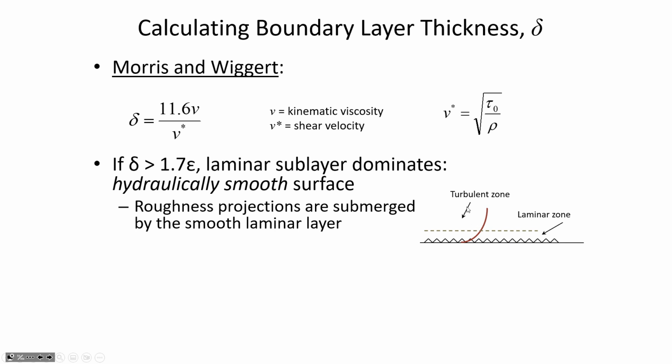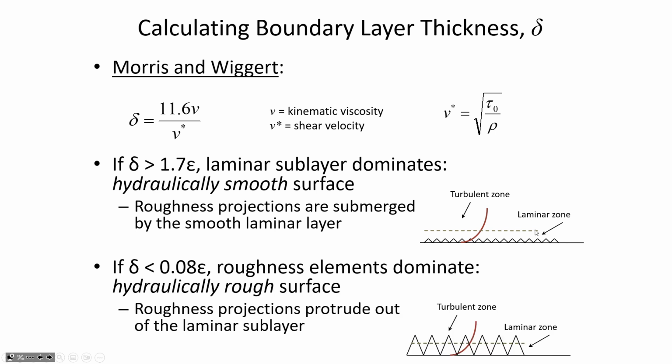And so there's a different effect on the flow if these little mountains are completely contained within the laminar sublayer than if these little mountains, and of course you know they're not actually mountains, these are just the roughness elements extending into the flow field.